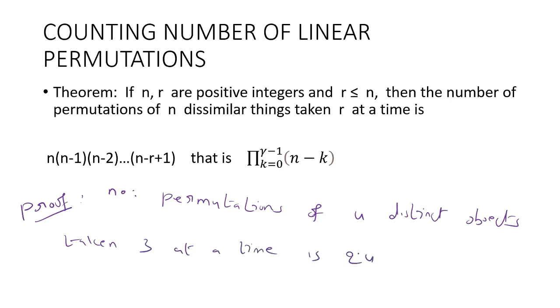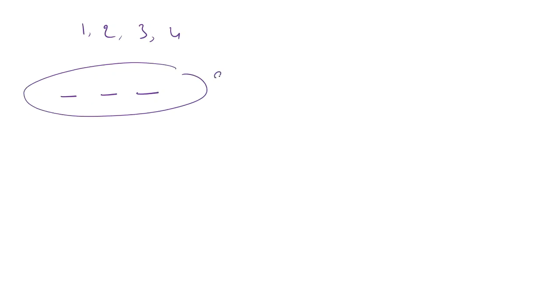What we have done here is, we have these 4 distinct objects 1, 2, 3 and 4, and we have to fill these 3 blanks using these 4 distinct objects, and the number of ways of filling these 3 blanks is 24. We have seen this in the previous example. Now we will see how we get this 24.